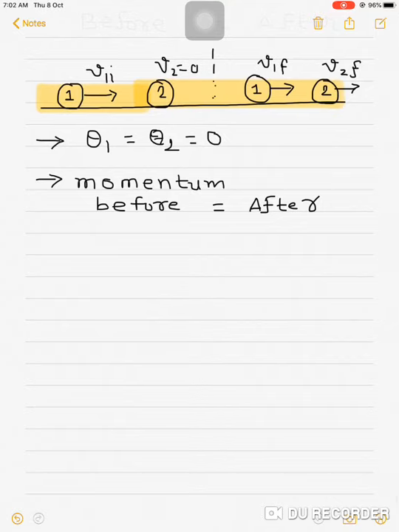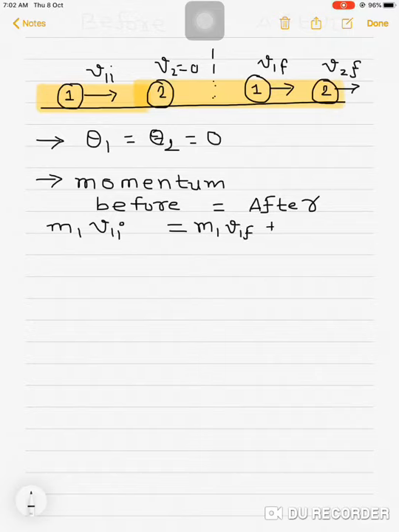Before collision only object 1 is moving, so it will be m1 v1i, and object 2 is stationary. After collision, this will be m1 v1f plus m2 v2f.